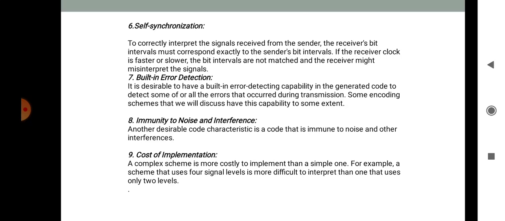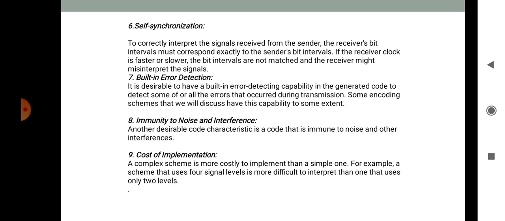Then the seventh characteristic is built-in error detection. It is desirable to have built-in error detecting capabilities in the generated code to detect some of the errors that occur during transmission, and some encoding schemes that we will discuss have this capacity to some extent.